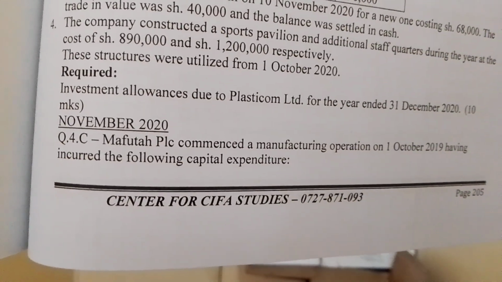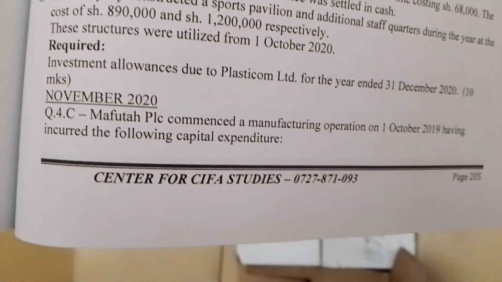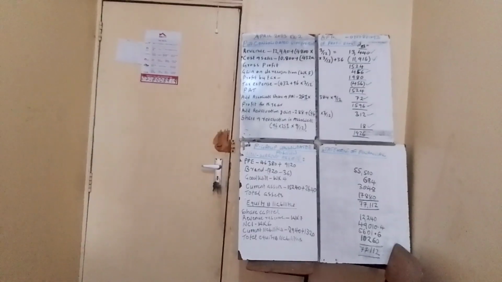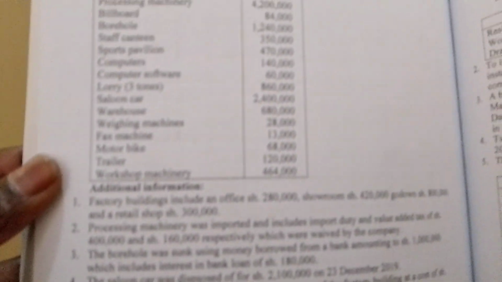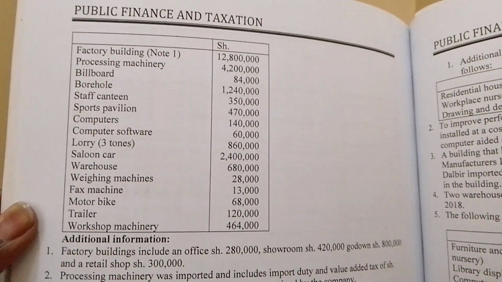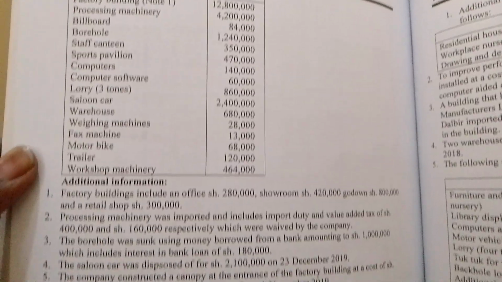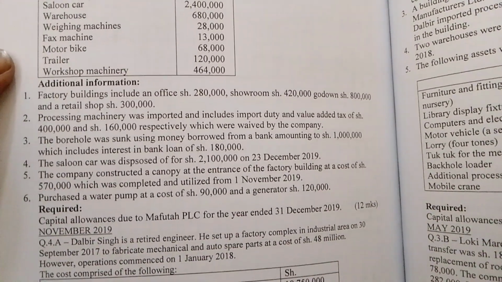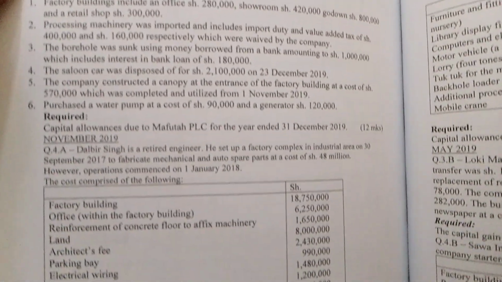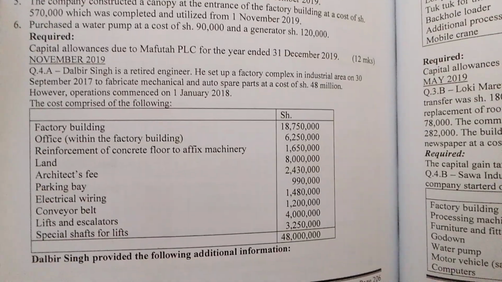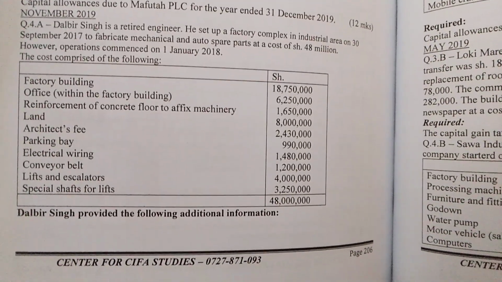November 2020, Mafuta Limited. You turn to page 206. The question continues from there. The question, November 2019, Dalbury Side.